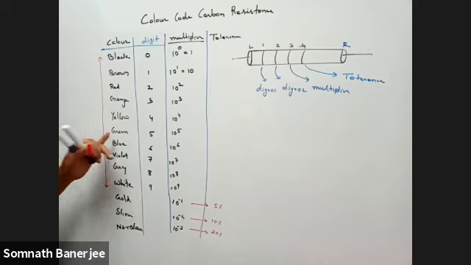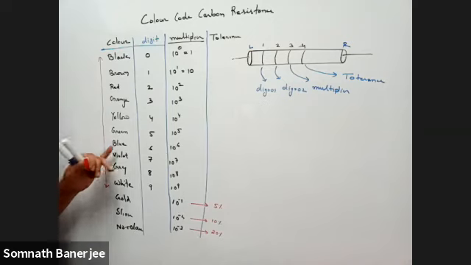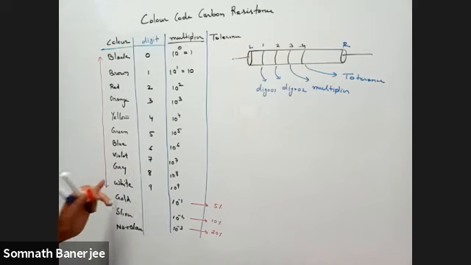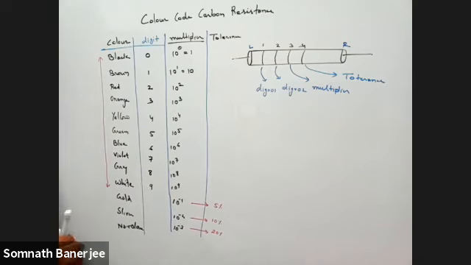Great for green, Britain for blue, very for violet, good for gray, wife for white. So you can remember it in that way: B.B. Roy, Great Britain, very good wife.